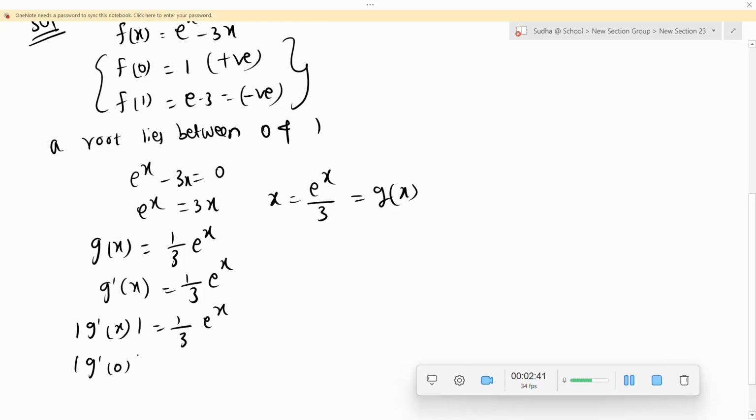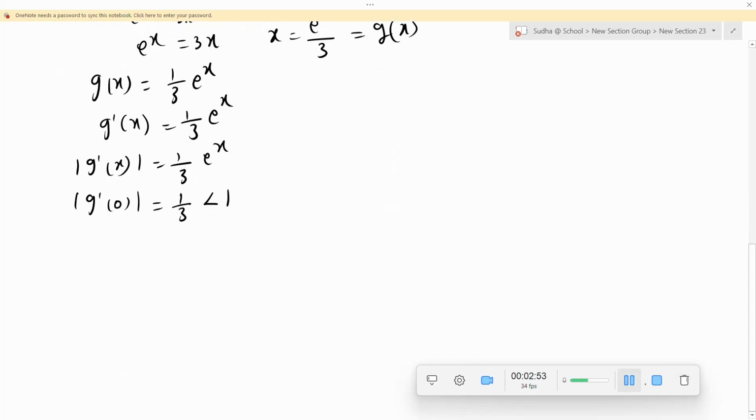Modulus g dash of 0: if we put x equal to 0, e power 0 is 1, so we get 1 by 3, which is less than 1. Next, instead of x, we substitute 1. Then we get 1 by 3e, which is less than 1.